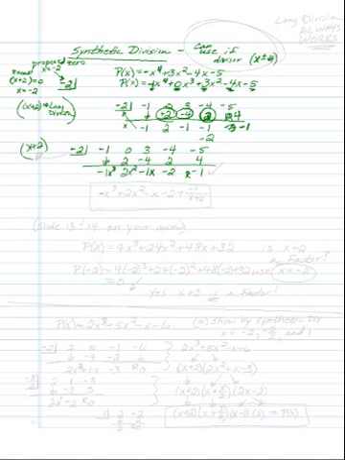Meaning that we have negative x cubed plus 2x squared minus x minus 2 and negative 1 over. At this point, you must remember that the factor that went with negative 2 was again x plus 2, because when you write this in fraction form, it is x plus 2 in your denominator.